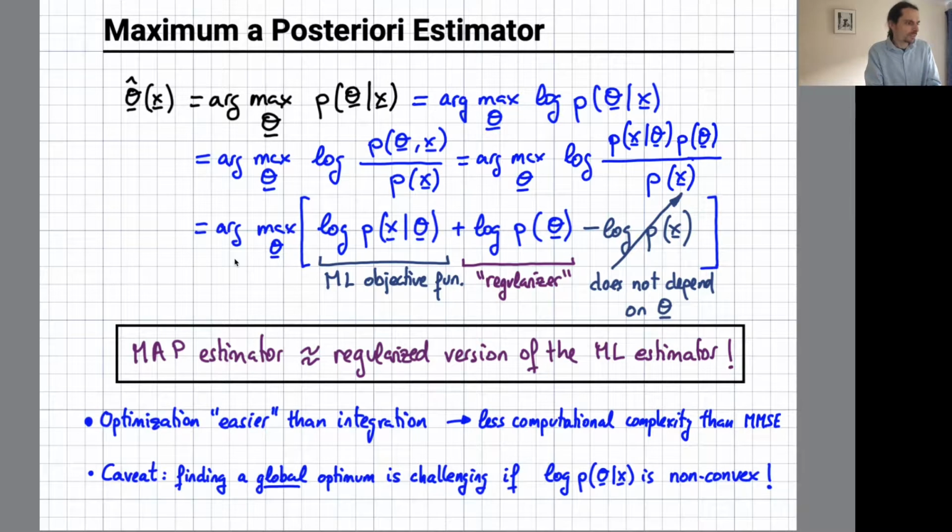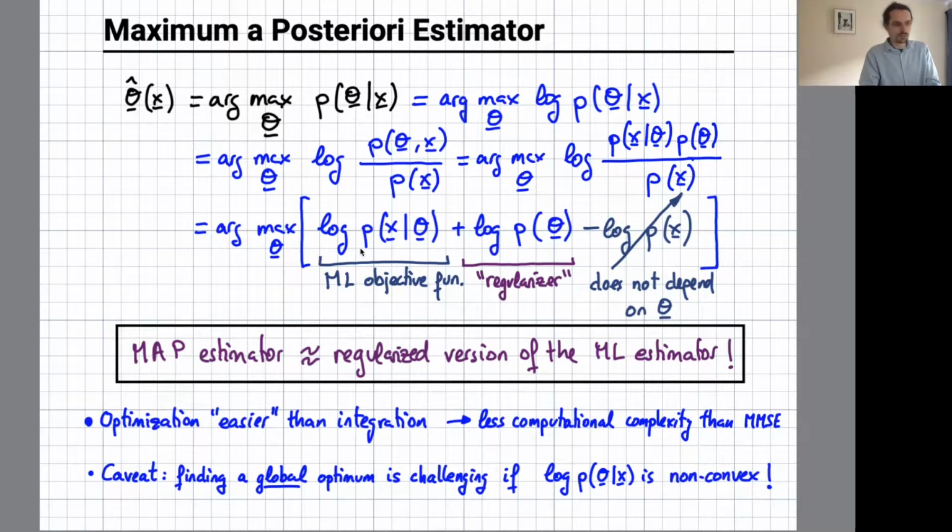The caveat is that even solving this optimization problem may be too difficult sometimes, right? So think, for example, that this objective function may have multiple local optima, multiple local maxima.